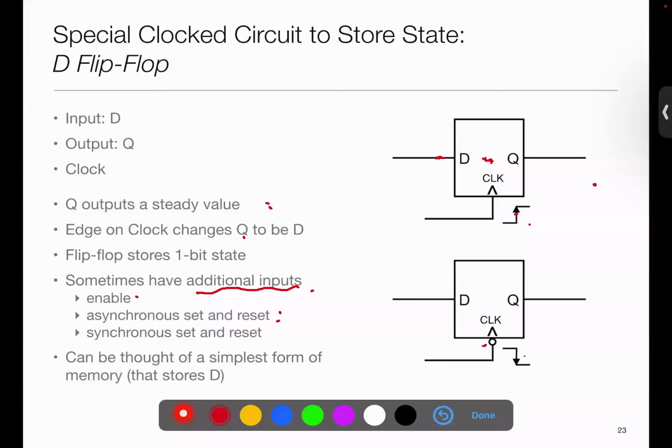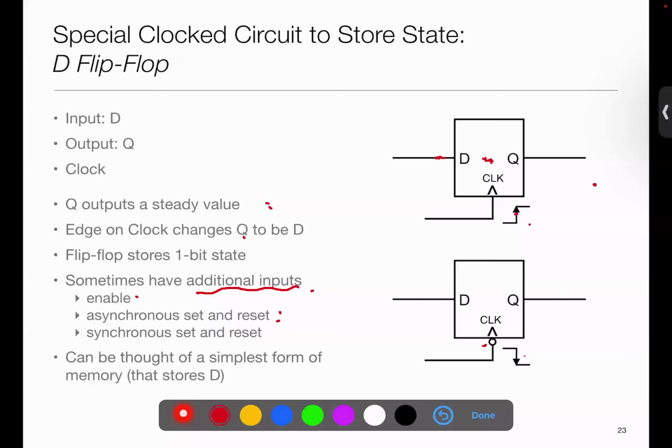Additionally, it may have asynchronous set and reset, typically represented by S and R. With an asynchronous set, whenever that signal is one, the content of the flip-flop becomes one irrespective of the clock. We don't have to wait for the clock. Sometimes there is also synchronous set and reset, where the effect of those signals only takes place at the next clock tick.